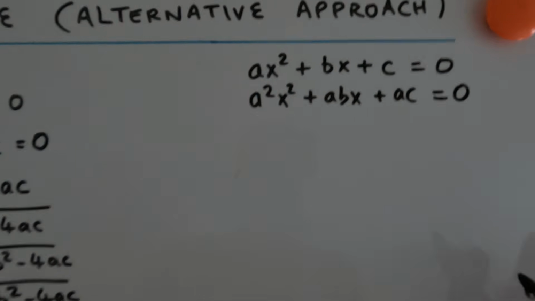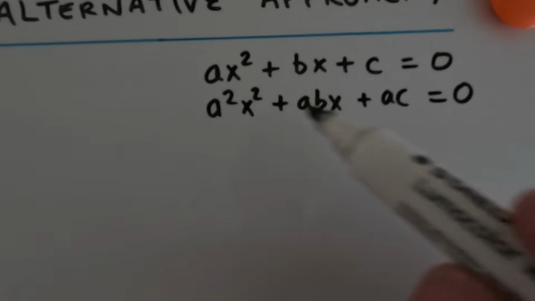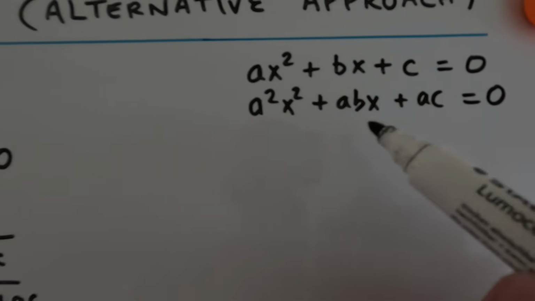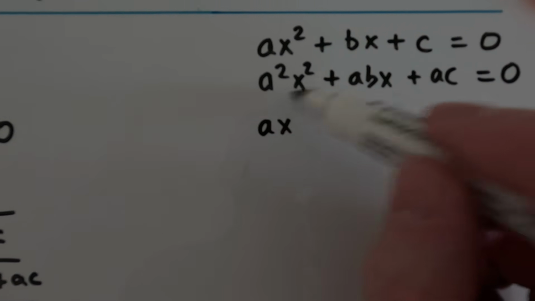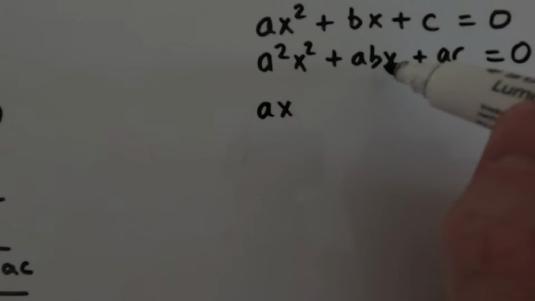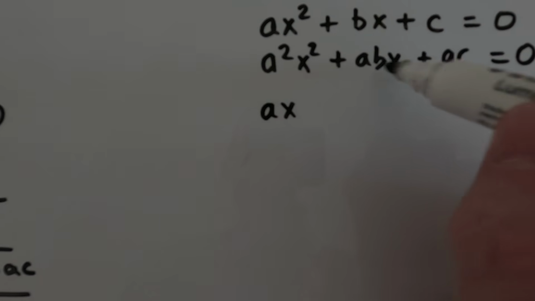If we do it just by a, we get that. And again, we just want to complete the square on the terms involving x. So we're going to have an ax all squared to get that. We're going to have twice the product of something to get abx.